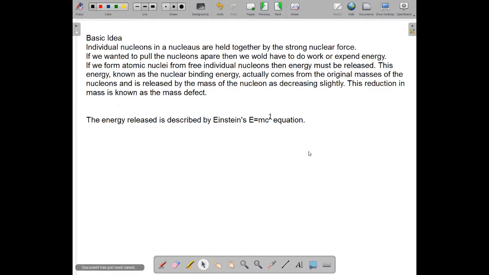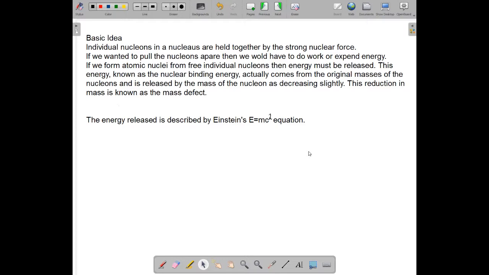This energy, known as the nuclear binding energy, comes from the original masses of the individual nucleons and is released by the mass of the nucleons decreasing slightly. So the mass decreases as the nucleus is formed.